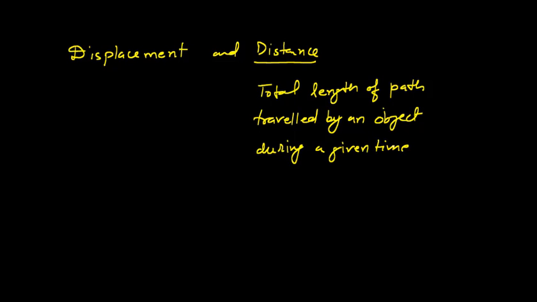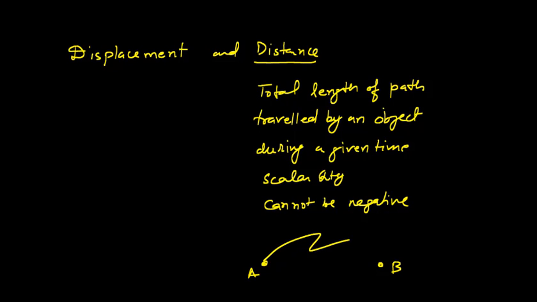The distance is a scalar quantity and the value cannot be negative. Say, for example, you are at point A and you are going to point B, and suppose you are going like this and you land up here. So the total length of the path traveled by an object during a given time is called distance.